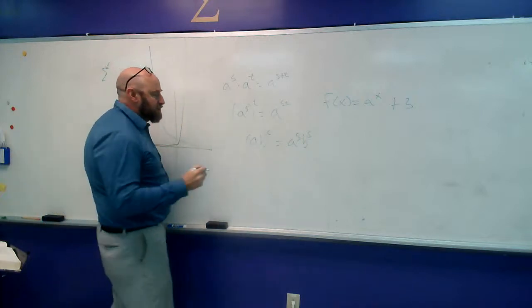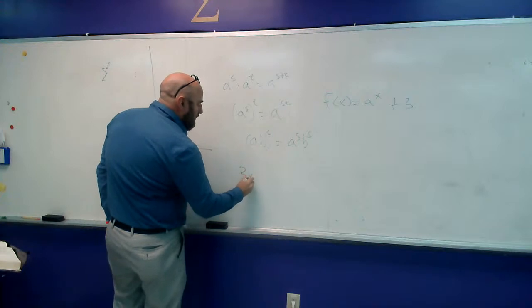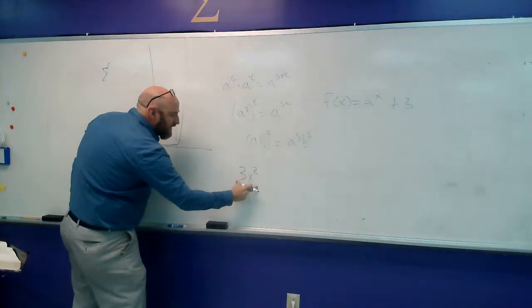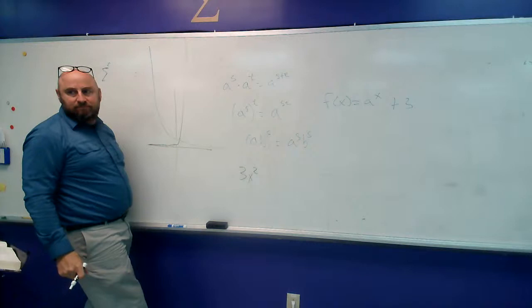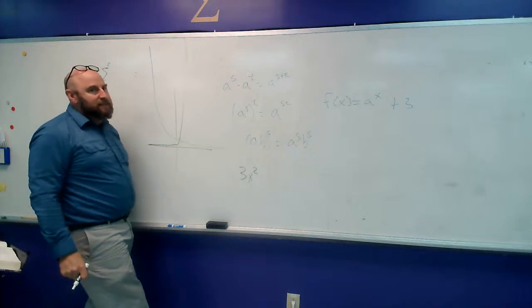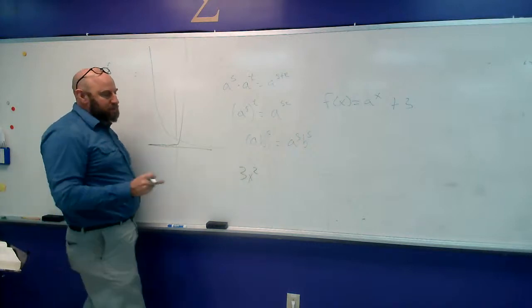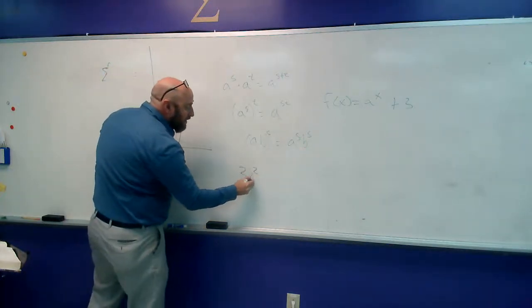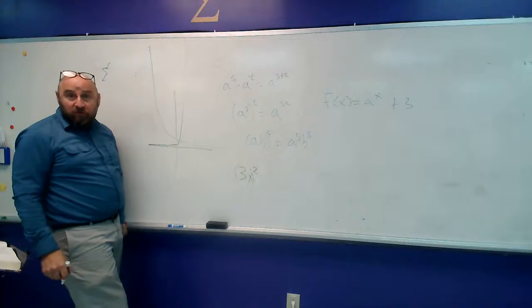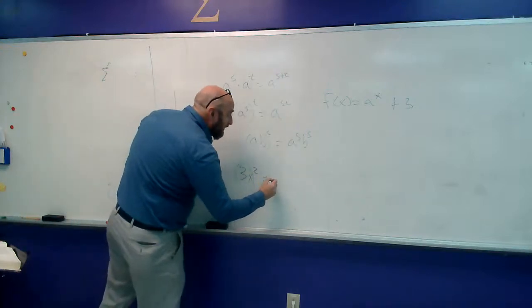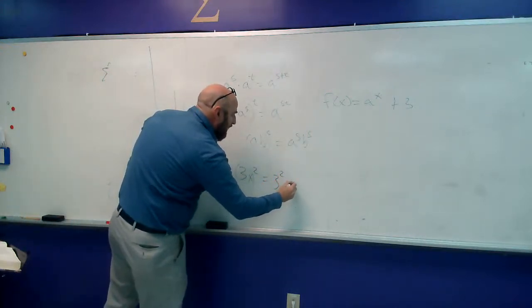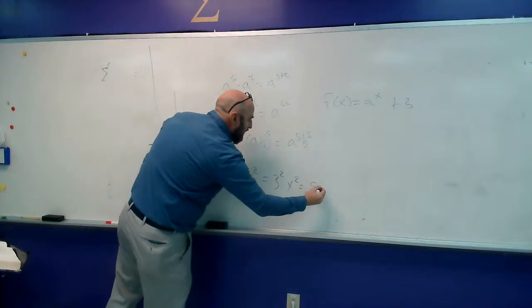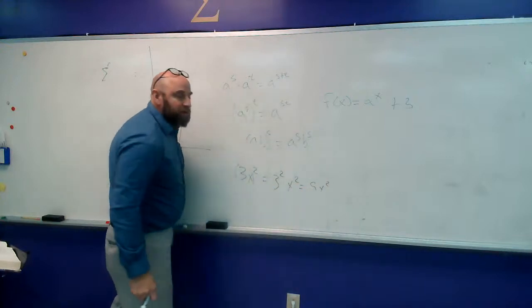But let me ask you this question. Is this the same as that? It's not. That's important. Recognize that the exponent only applies to the variable there. But if you do that, then it's 3 squared x squared, which of course equals 9x squared.